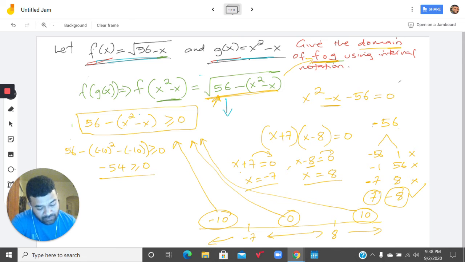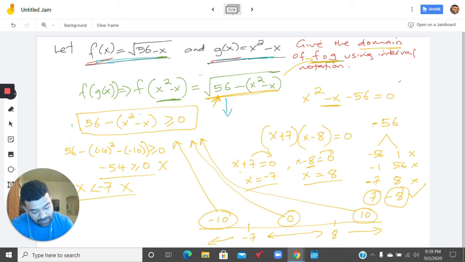Is negative 54 greater than or equal to 0? Is it greater than 0? True or no? It's a no, right? So that one doesn't make sense. So which means x less than negative 7 cannot be a domain, right?